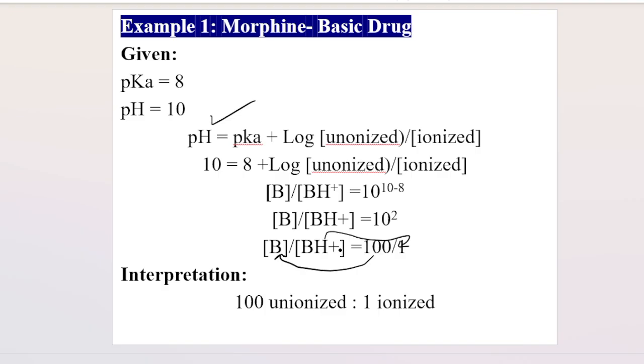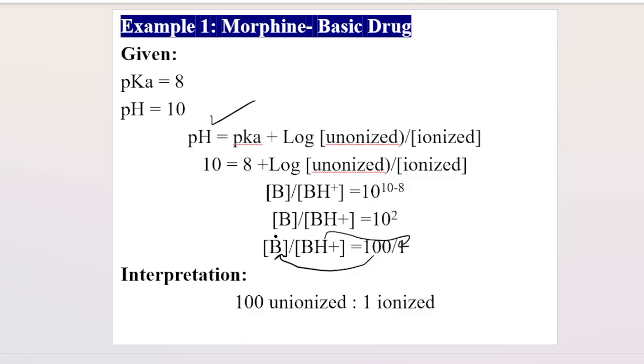If you decrease the pH from the pKa value, the ionized form of that drug will be greater than the unionized form. So in this case, the unionized form is greater.